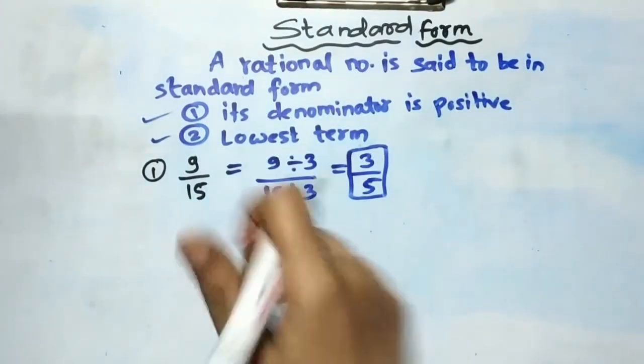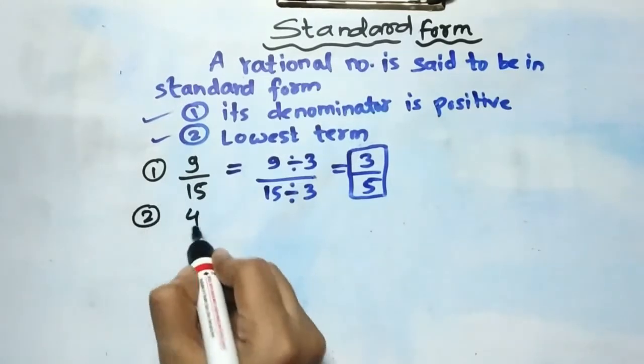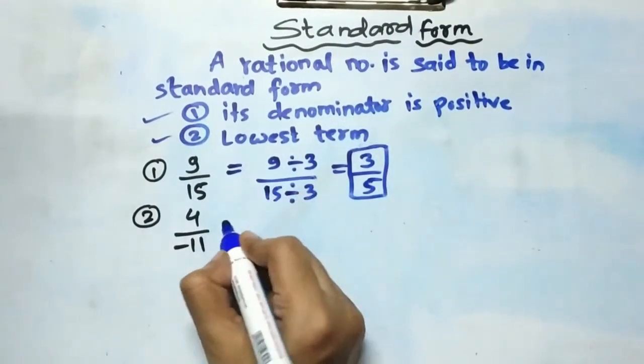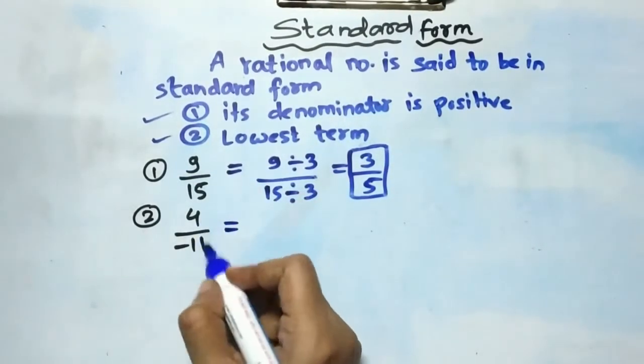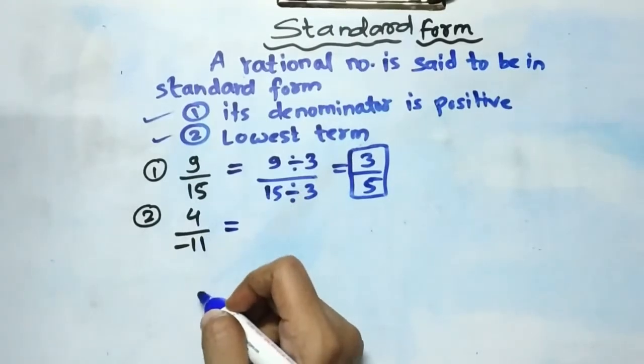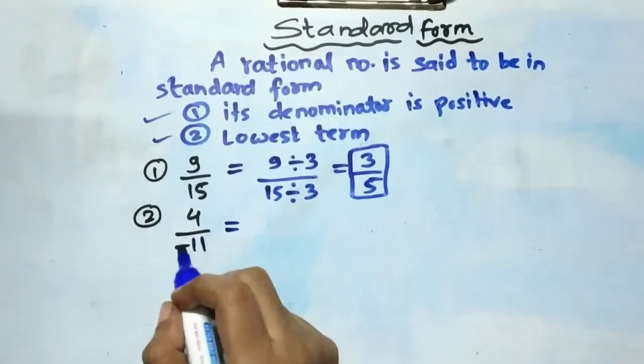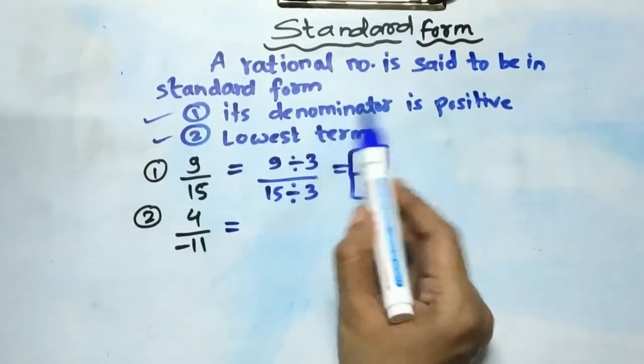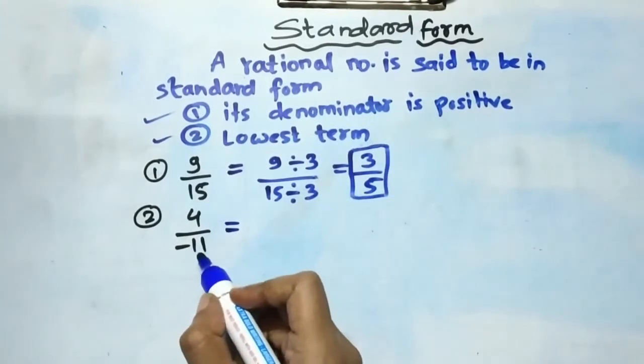And suppose another example, we are having 4 upon minus 11. Friends, I am having this another rational number 4 upon minus 11. They both are in the lowest term, but still I will not call it a standard form of a rational number. Why? Because its denominator is not positive.